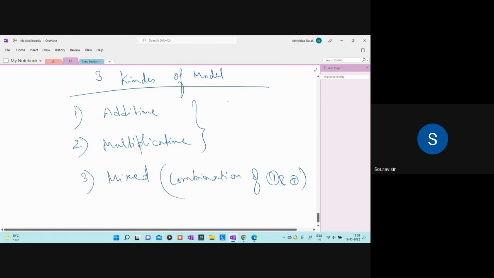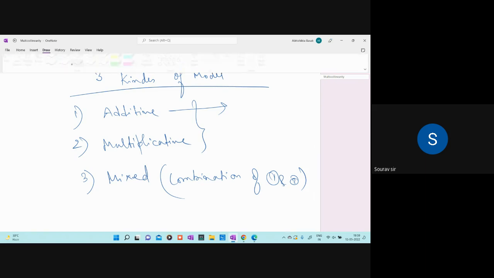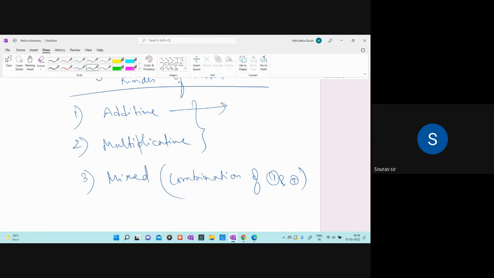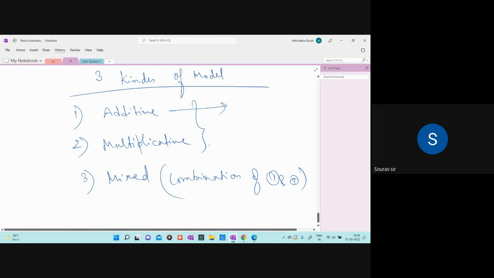Okay, and you know how to deal with the additive model. We all know that. For the multiplicative model, what we can do is take the log, the natural log with base e, of the model, and then it will become additive.